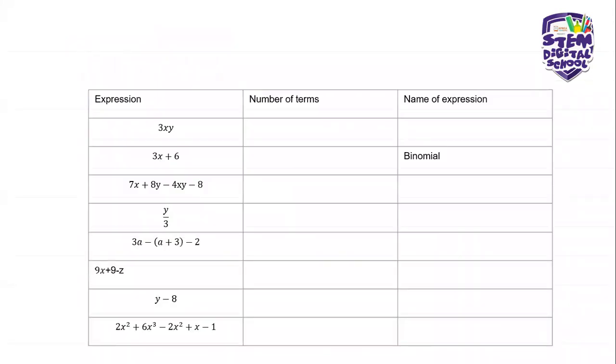And today I have a table with me here. This is a table which consists of the expression on the left-hand side, the middle column, the number of terms, and the last one, the name of the expression.